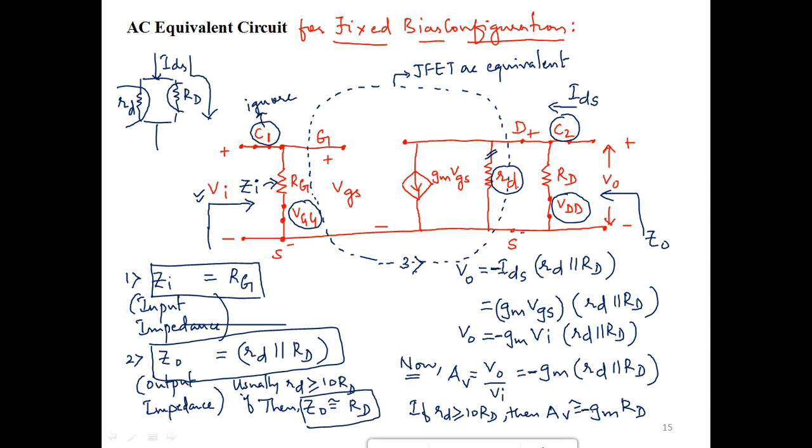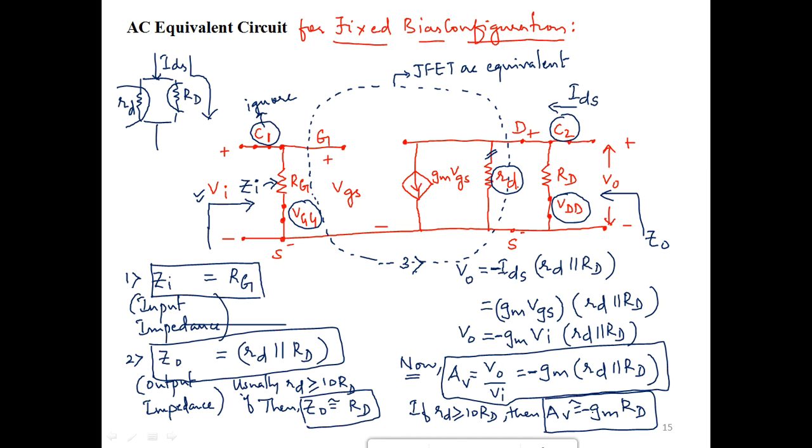So everywhere I will have to include this minus symbol. Okay, fine. So that is the voltage gain expression for a fixed bias configuration by following the AC analysis. Okay, so hope this concept is clear for you.